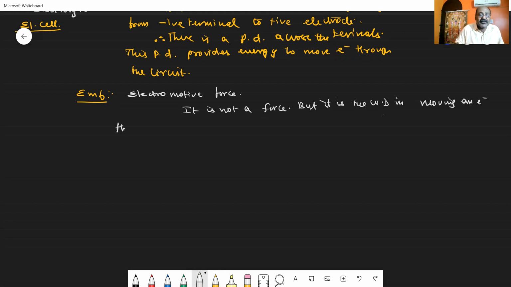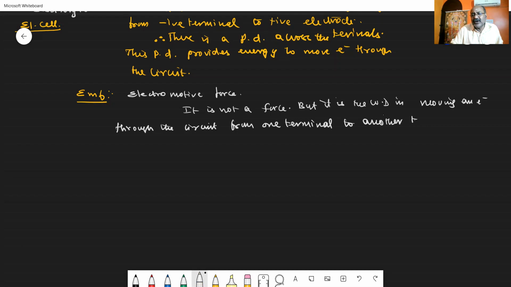through the circuit from one terminal to another terminal. So it is nothing but the work done in moving an electron or a charge from one terminal to another, which means it is nothing but potential difference.